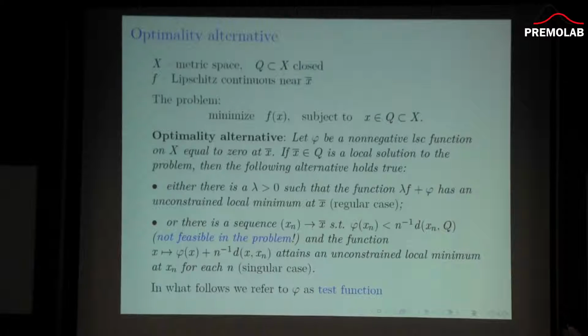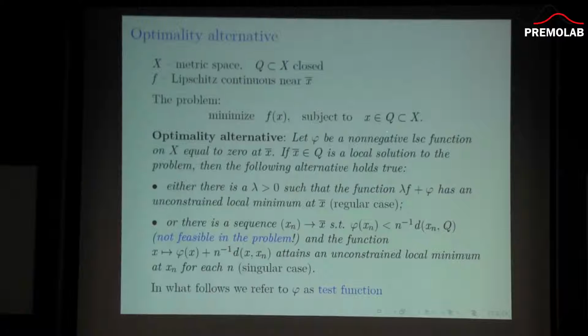Alex, sorry, but how is phi related to the set Q? This is a right question. Of course, when we deal with a practical situation, we choose phi well connected with the data of the problem. The nice point is that in principle, you can get a minimization problem much simpler, much more convenient to deal with than the original problem.